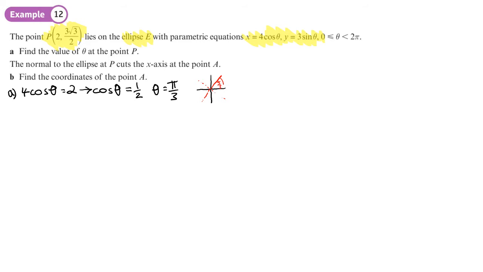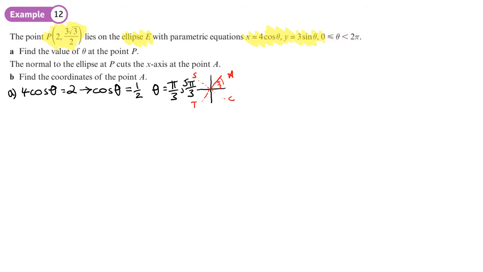And so, since we are doing cos, the other value of cos that's also positive is going to be down here, which is 2 pi minus pi over 3. It's like 6 pi over 3 minus pi over 3, so it's going to be 5 pi over 3. We don't need to go any further because remember theta is restricted between 0 and 2 pi.